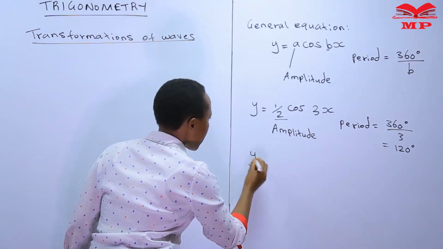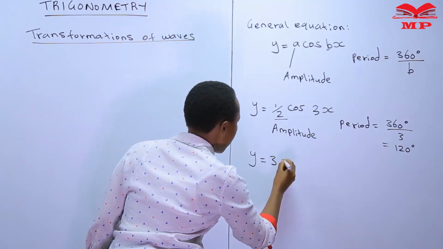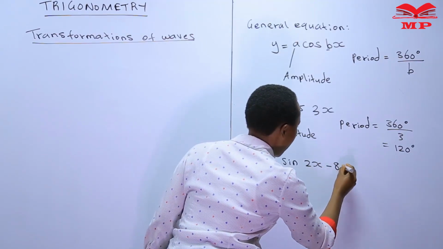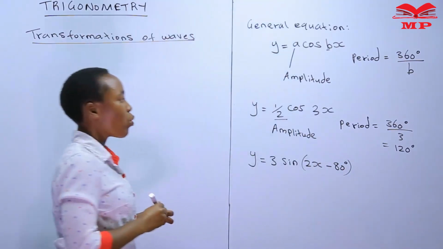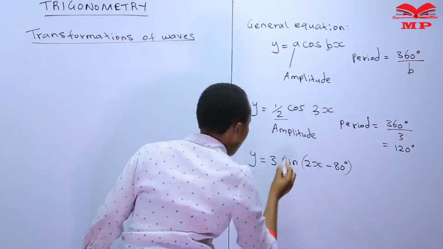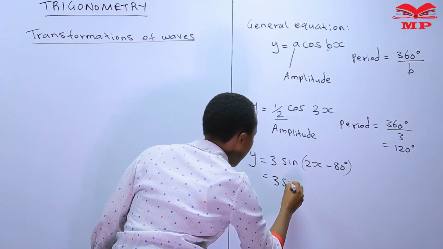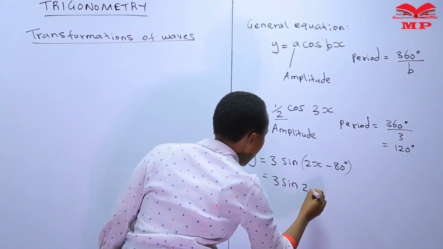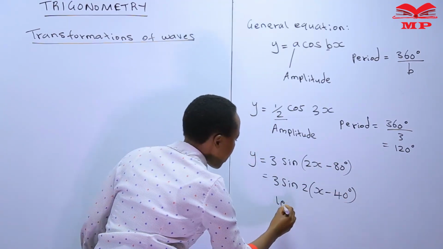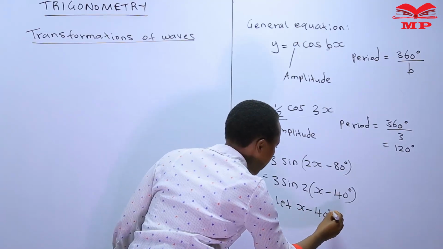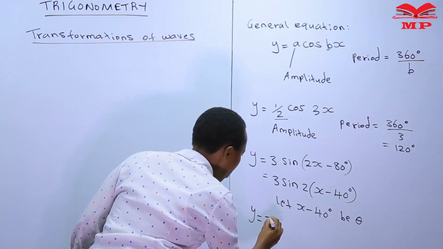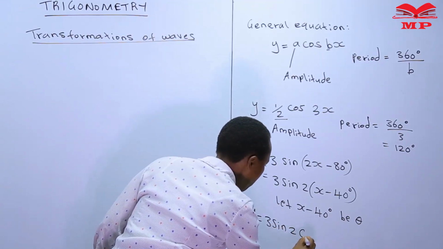Again, when you have, for example, y is equal to 3 sine (2x minus 80 degrees), and you want to get the amplitude and the period, you ensure that you write it in this form, whereby we have 3 sine, we can factor out 2 here, we remain with x minus 40 degrees. Then we say, let x minus 40 degrees be theta, such that we have y equal to 3 sine 2 theta.